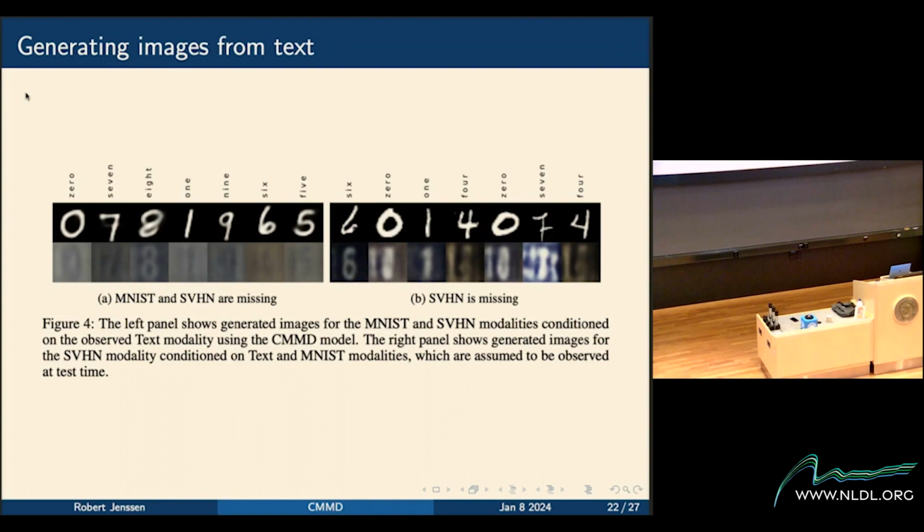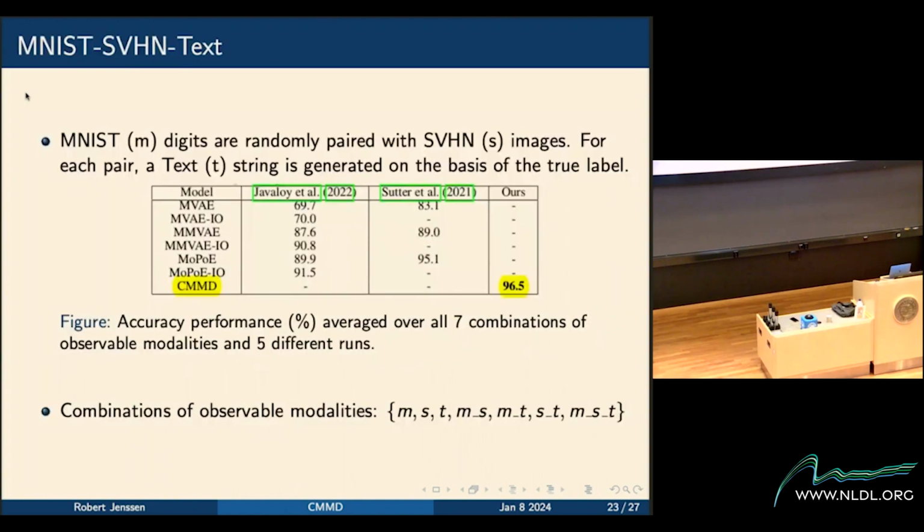Now we assume that at test time we have 2 modalities available, and we generate these. And if you look at the true SVHN images, you will see that this is not too far away, at least visually, from what you would expect. And this is corroborated in some quantitative experiments, and so on.